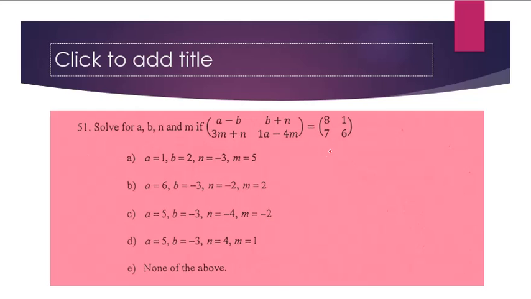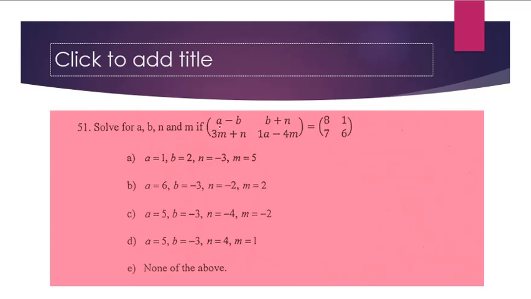So let's choose any of them. Let's start from a reasonable one, because a minus b has to be equal to 8, and then b plus n has to be equal to 1. So let's choose a reasonable option. Let's say a is 5, and then b is minus 3.